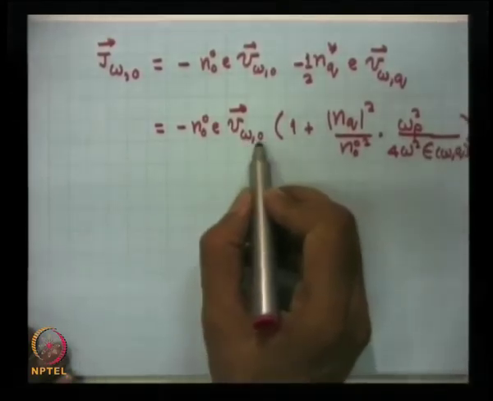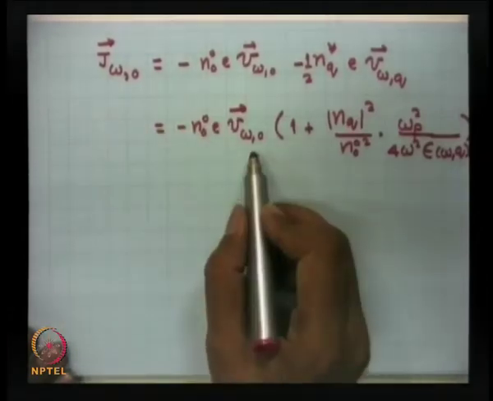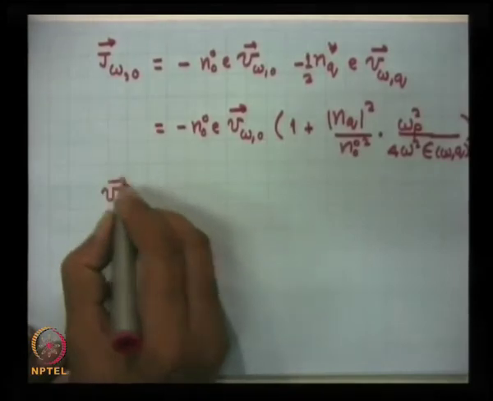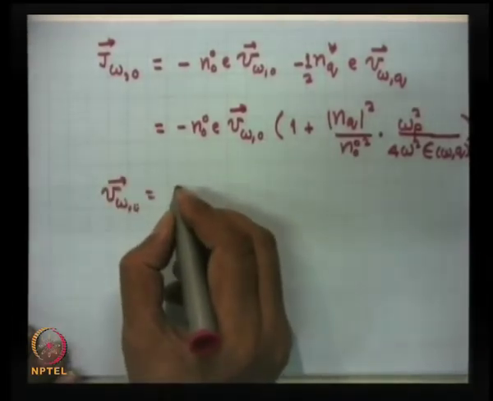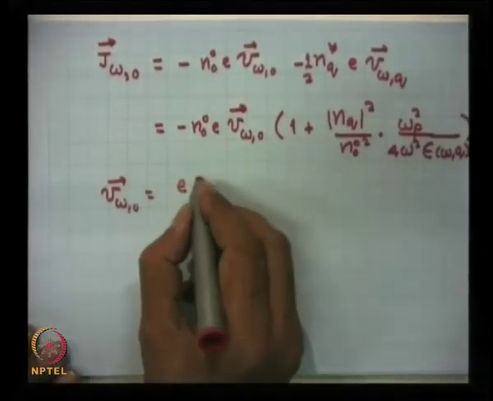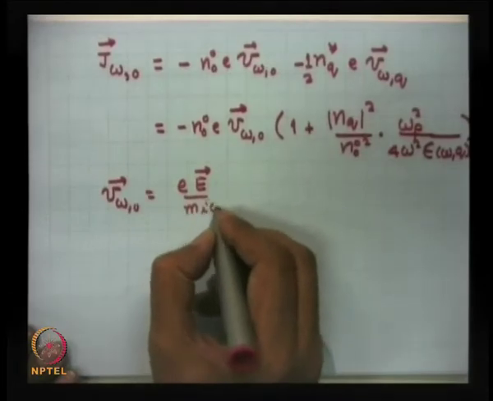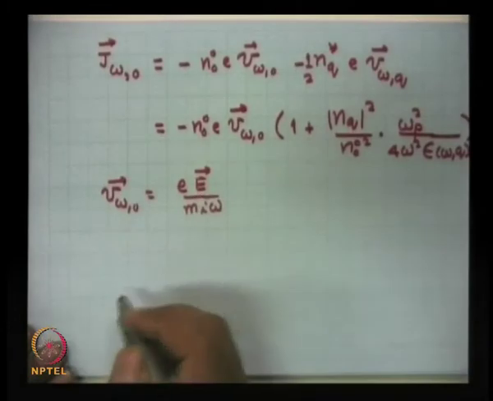Otherwise, this V omega 0 is out of phase from this j omega with the electric field. Let me remind you, V omega 0 we had written is simply equal to E upon m I omega. So, this is out of phase by pi by 2 from the electric field.